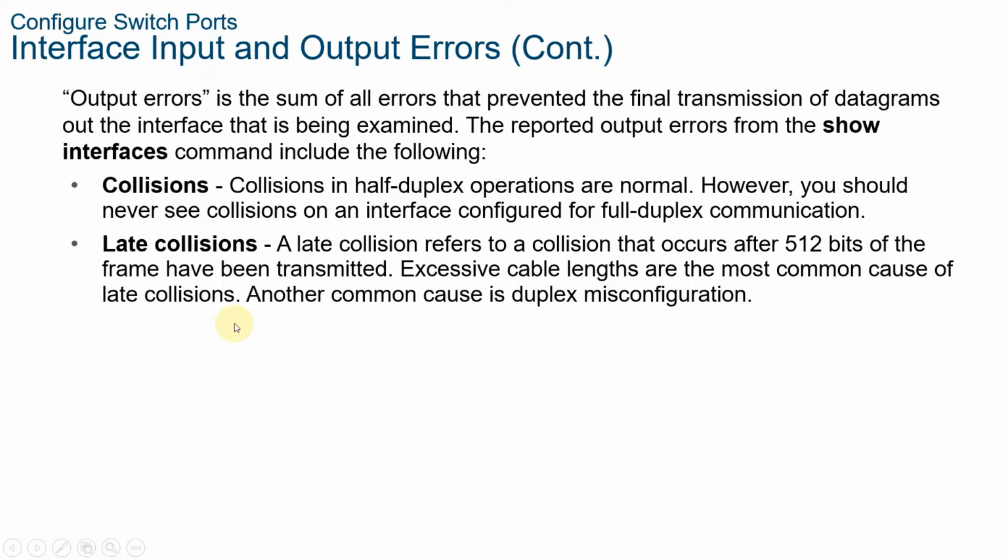Another common cause of late collisions is duplex misconfiguration. For example, you could have one end of the connection configured for full duplex and the other end for half duplex. You would see late collisions on the interface that is configured for half duplex. In that case, you must configure the same duplex settings on both ends. A properly designed and configured network should never have late collisions.